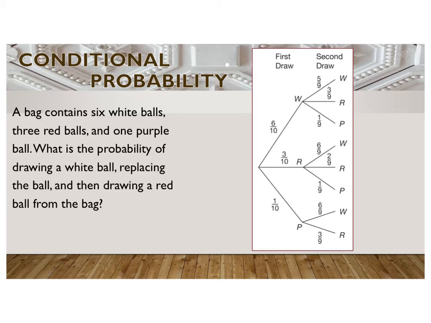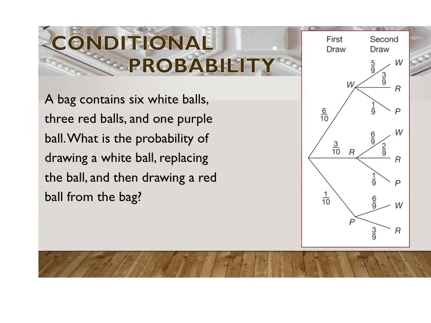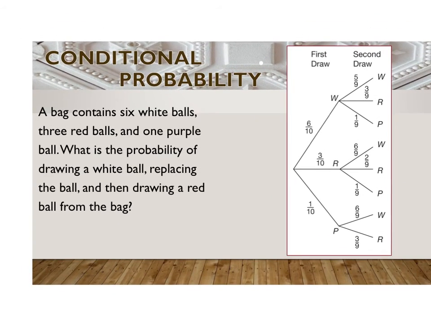All right. Now, remember we did the trees before. So this is a tree with some probabilities in it. So, again, we've got the 6 white balls, 3 red balls, and 1 purple. So I can draw a white. Oops. I wanted that to be highlighting. There we go.